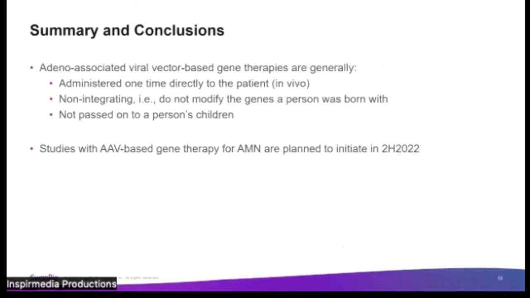The genetic cargo does not integrate or modify the genes that the patient was born with, again, unlike some of the ex vivo gene therapy, and it's not passed on to a person's children. In fact, neither of these types are. And we are planning to initiate studies with the AAV-based gene therapy for AMN later this year. So I don't have any data that I can share today, but hopefully in the years to come, we'll be able to.